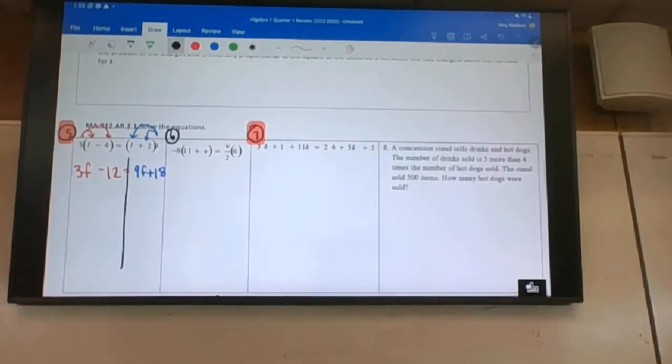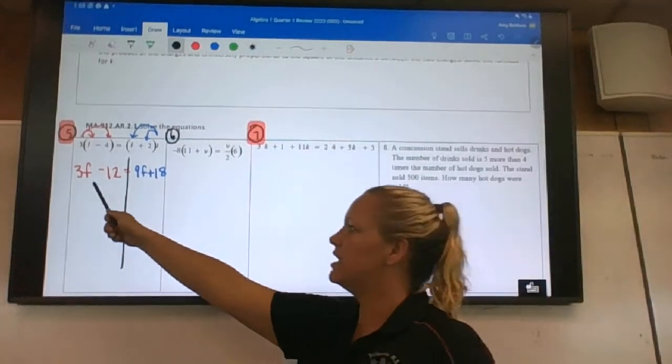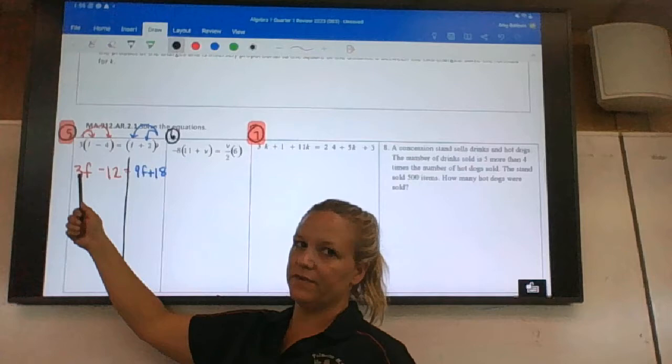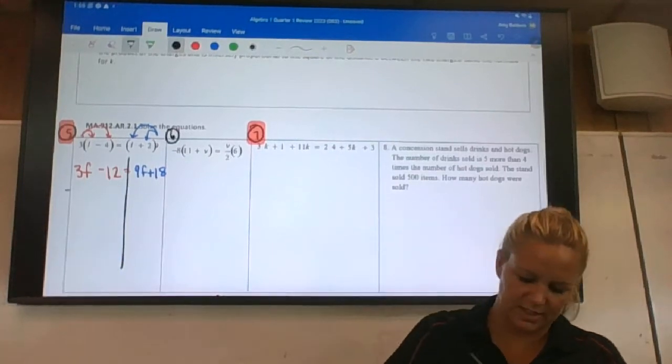So we're going to collect variables together. Let me look. There's f's that are separated. So I'm going to cancel this positive 3f. It's positive, so I'm going to subtract it.